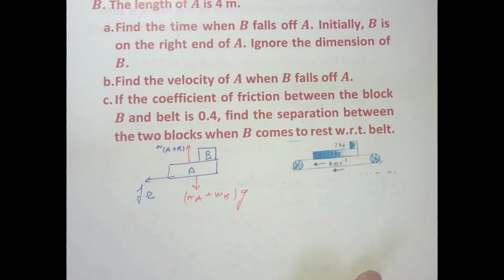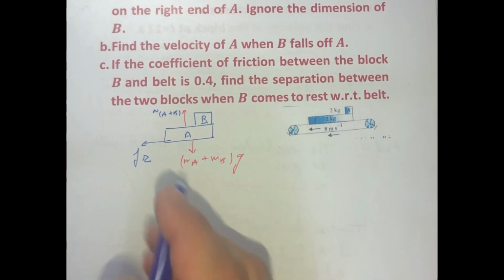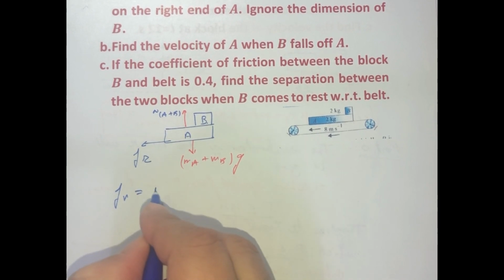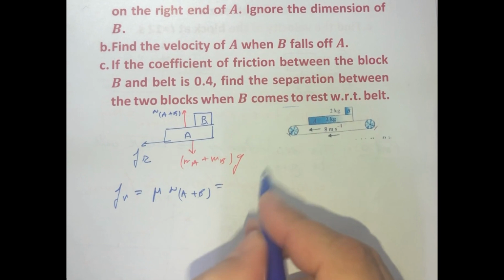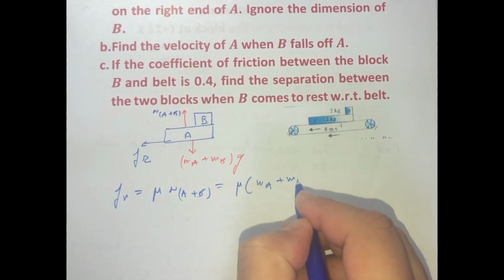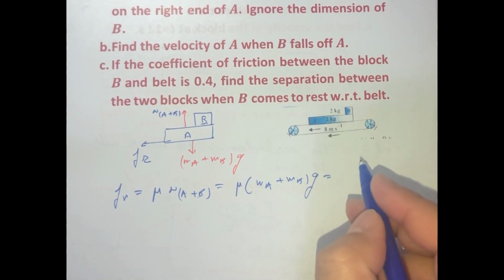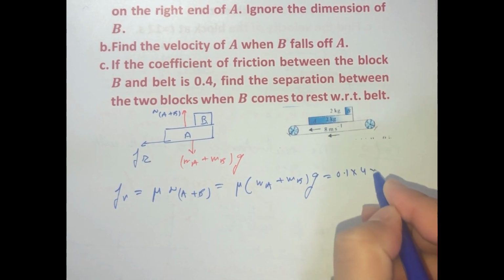From here we can find out the maximum value of the friction. We can say FR will be equal to mu N of A plus B, which will be equal to mu (MA plus MB) into g, and mu is given as 0.1 and the mass of each block is 2, so this will be 4 multiplied by 10.